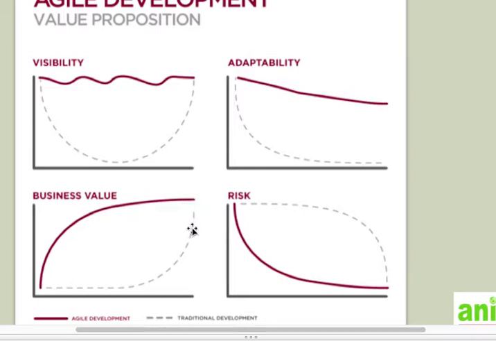So if you remember our example, the travel portal, if you use the agile methodology, at an early stage, maybe within 6 months or 8 months, you have the flight booking ready, and customer service and the payment gateway.